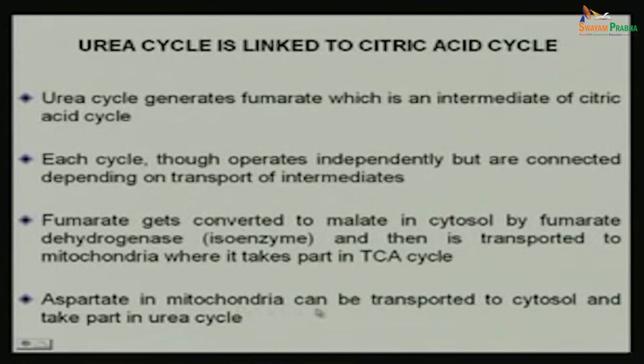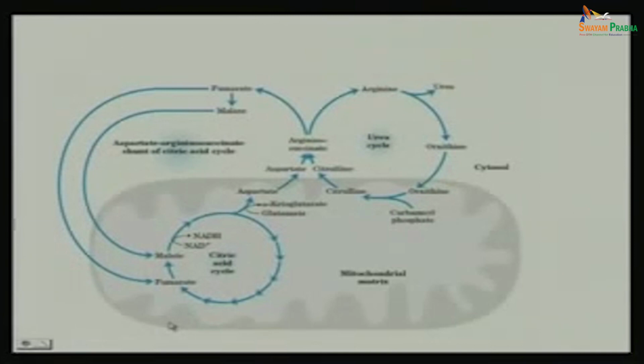Aspartate in mitochondria can be transported to the cytosol and it takes part in the urea cycle. Now, here, whatever I have told, if I sum up, then you see here carbamoyl phosphate in the presence of ornithine is producing citrulline.